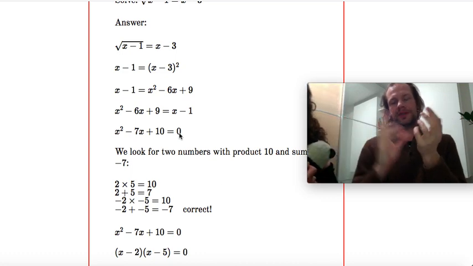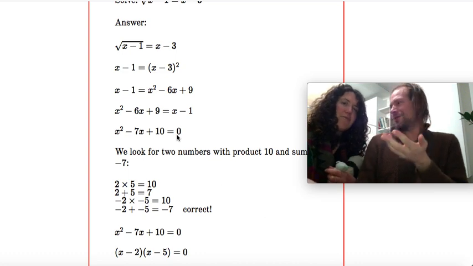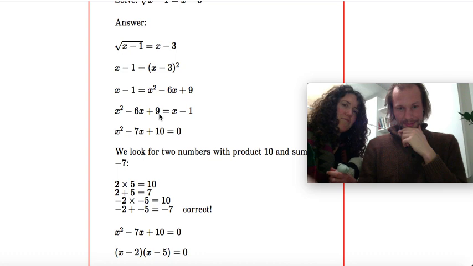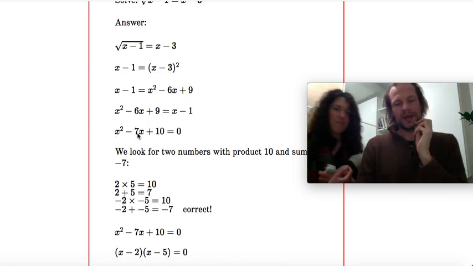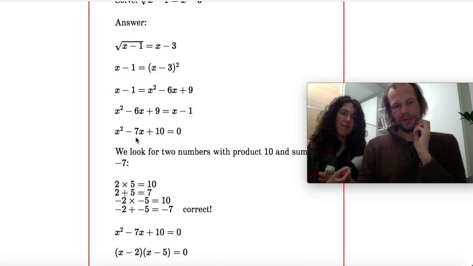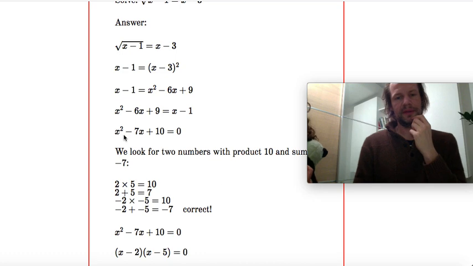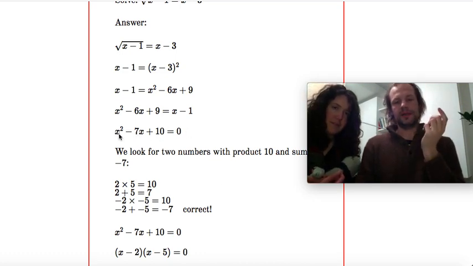I would expect that you move the 9 towards the side of the minus 1 and the x towards the other side. No, I want to have it in this shape, because I want to have 0.